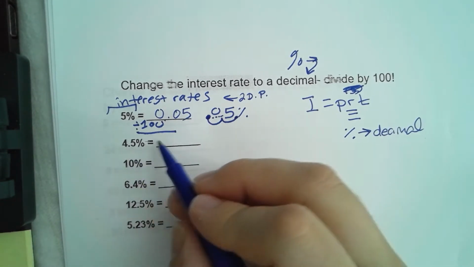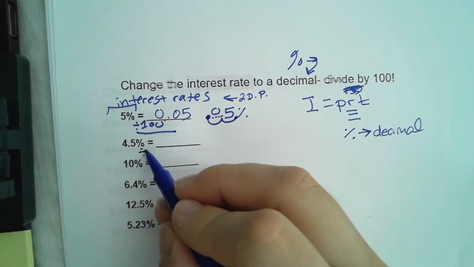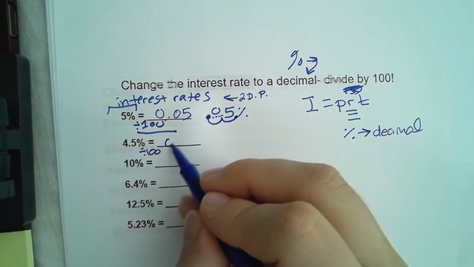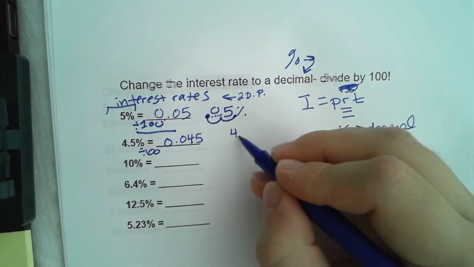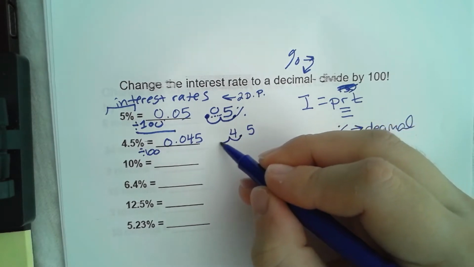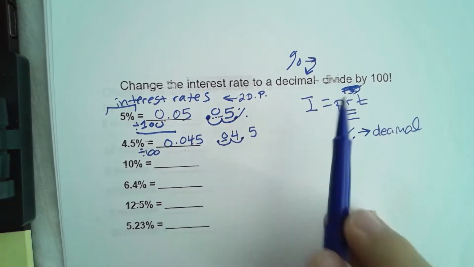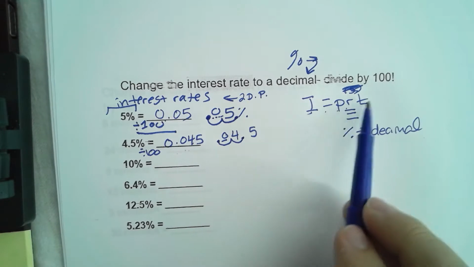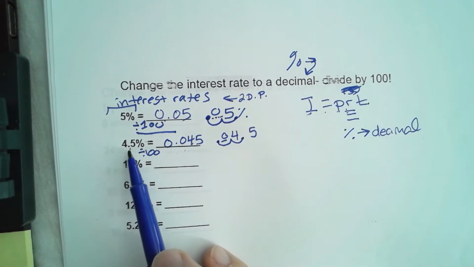So 4.5%. How do I change this to a decimal? I divide by 100 and I get 0.045. Again, if you wanted to do it this way, all you do is take this 1, 2, and you put a 0 there. That means when I do interest equals PRT, for R, I don't do 4.5%.